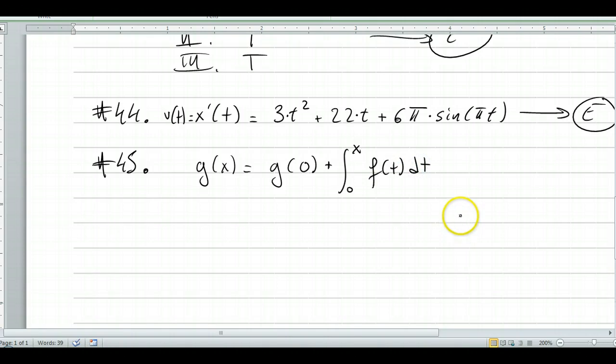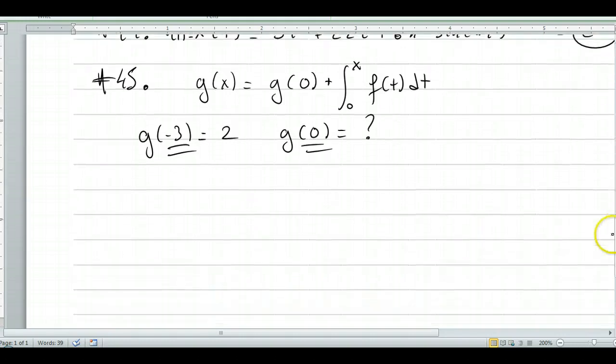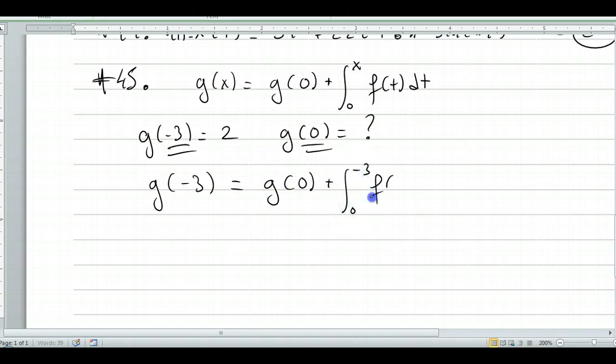If g of negative 3 is 2, what's the value of g of 0? Well, they're giving us a value right here, so it makes sense to look at g of negative 3. G of negative 3 is g of 0 plus the integral from 0 to negative 3 of f of t dt.